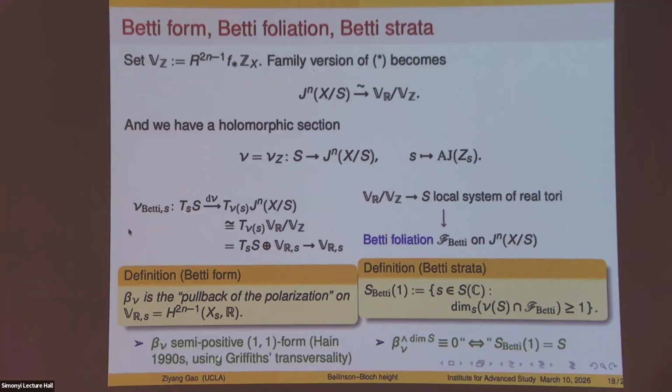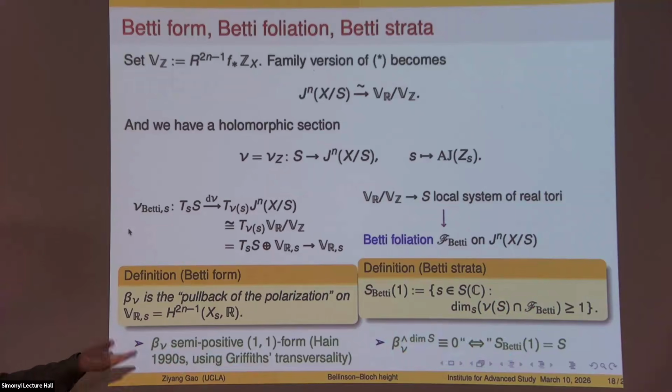And here on the left-hand side, we have this (1,1)-form, which is proved to be semi-positive. This is the so-called Betti form. On the right-hand side, let's look at this (1,1)-form taken to the top wedge power. When is it zero? Well, if it's everywhere zero, then on a very large part, this mu s must intersect the leaf non-trivially.